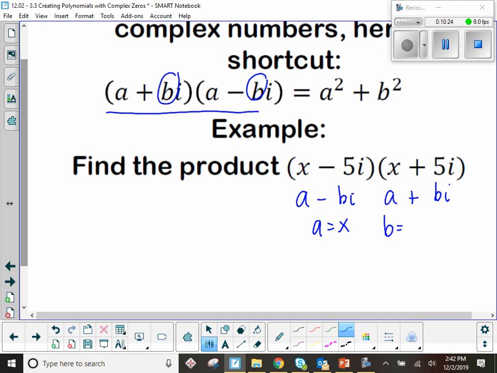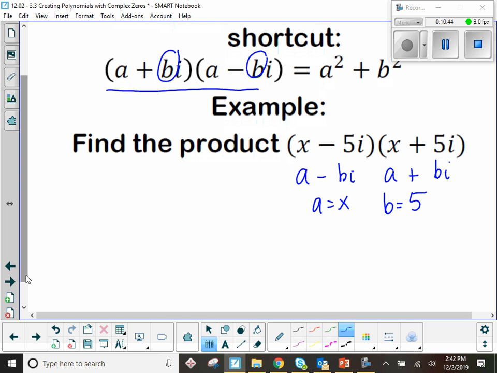You're not making it a plus or a minus, you're not including i, it's just 5. Because this formula right here already takes into account the plus and minus portions. So you don't have to change any signs, you just have to pick off the b part. And so then if you're skipping straight to a squared plus b squared, you have x squared plus 5 squared, which is x squared plus 25.